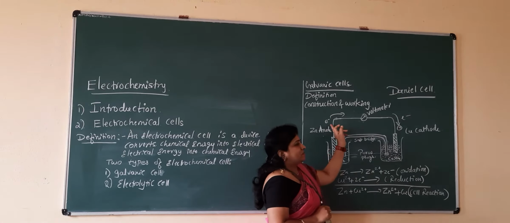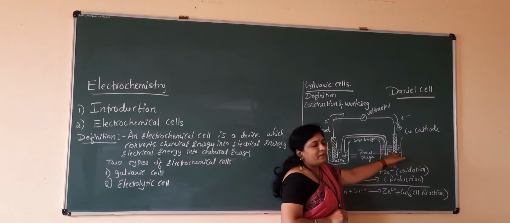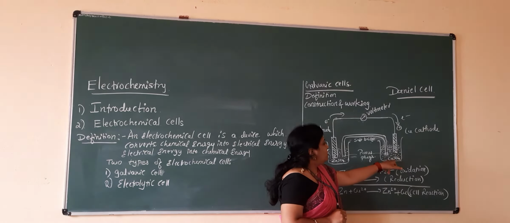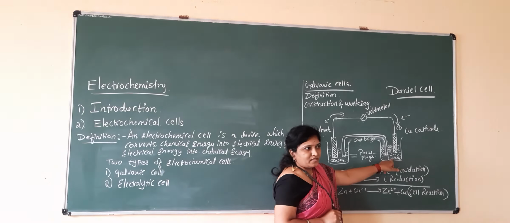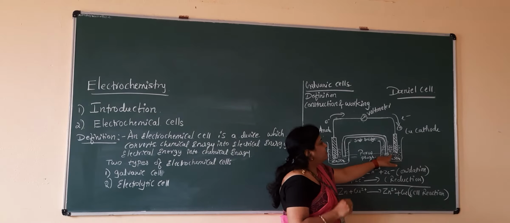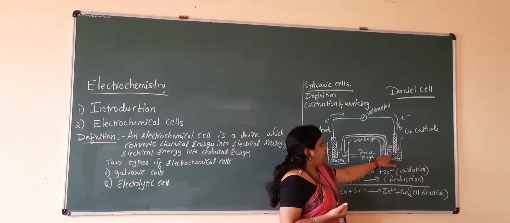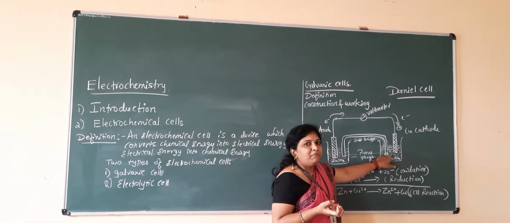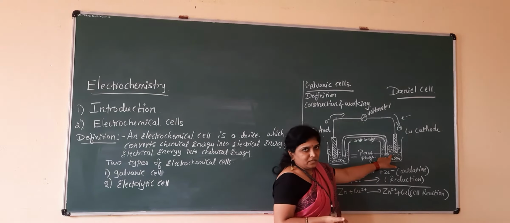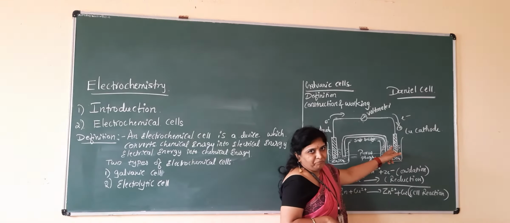Now these 2 electrons go to the other side of the container where the copper electrode is, and there are also Cu2+ ions and SO4 2- ions. Here the Cu2+ will immediately grab these electrons and be converted into Cu, and that will get deposited here.